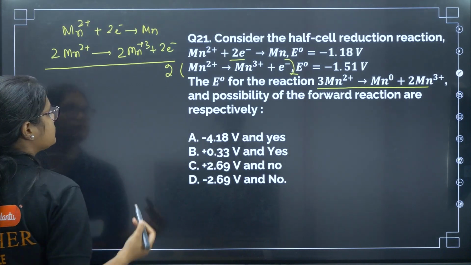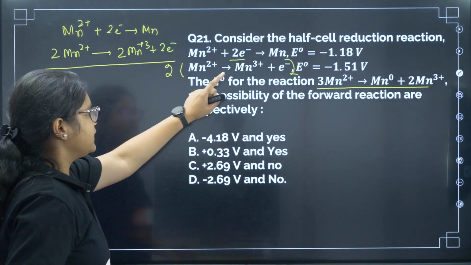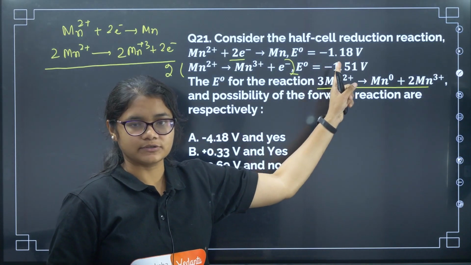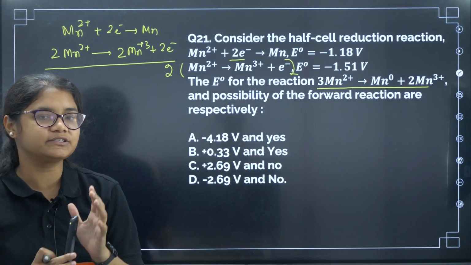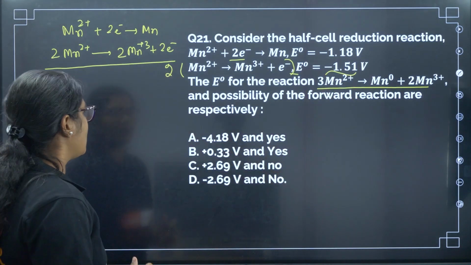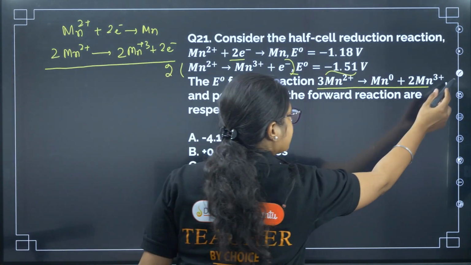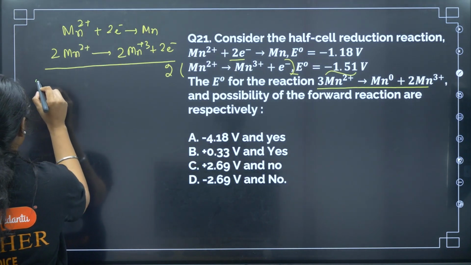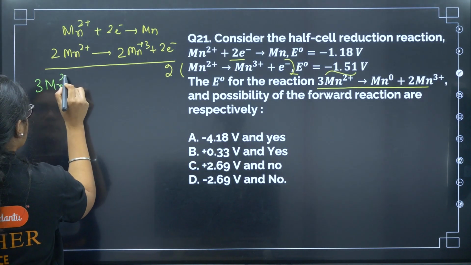Now if I add these 2 reactions, okay. Here, in enthalpies and other questions we used to multiply the 2 to the value also, but in electrode potential we need not, okay. So do not multiply this one with 2, clear. Now if we add these 2 reactions, what will I get? 2 Mn2+ plus 1 Mn2+, I'll get 3 Mn2+, right.